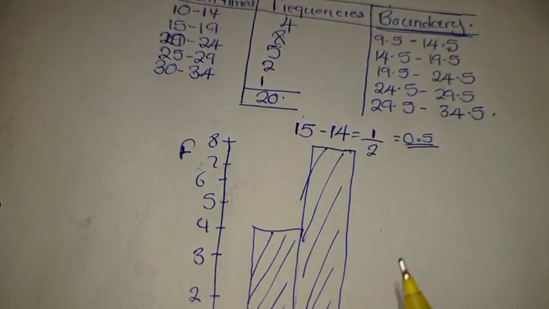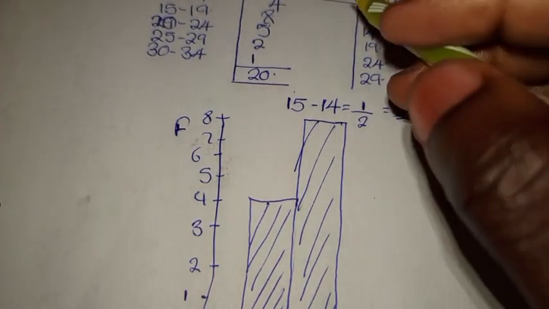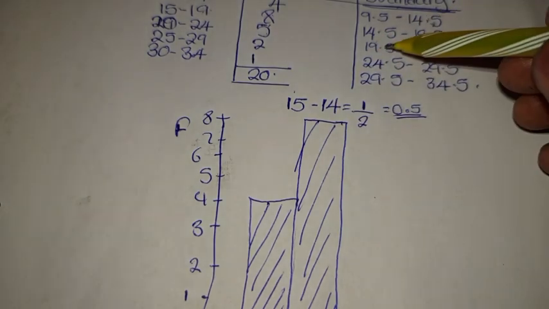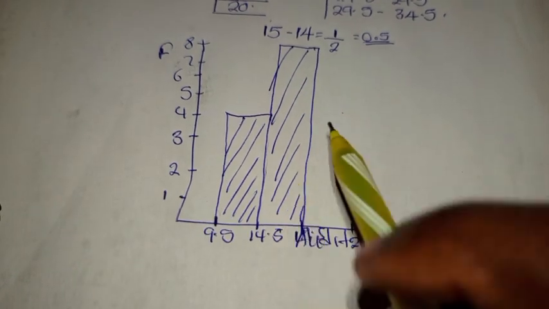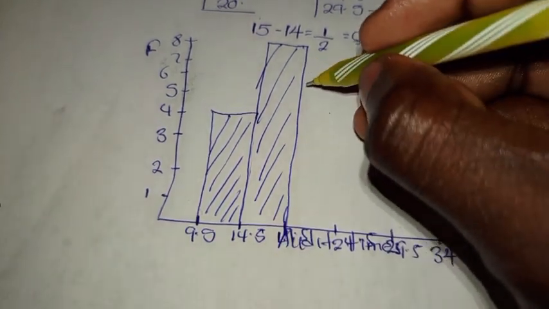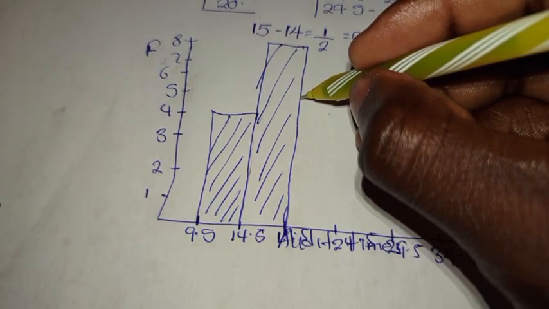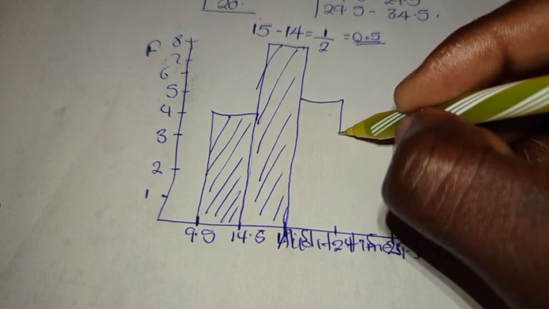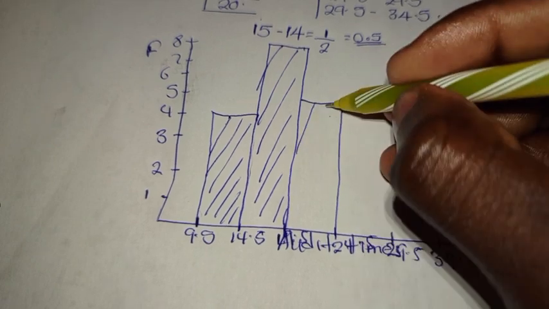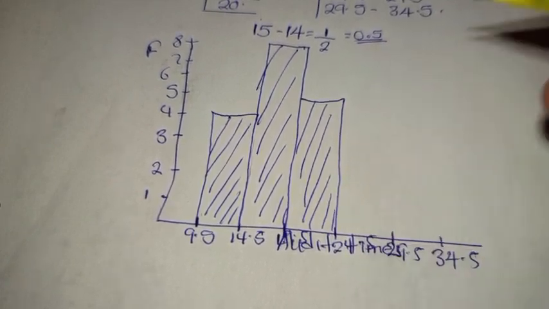Then the third one has a frequency of 5 and a boundary of 19.5. We know it is here. Then the frequency of 5 starts from somewhere here, and we take it to 24.5. So 24.5 is somewhere there.